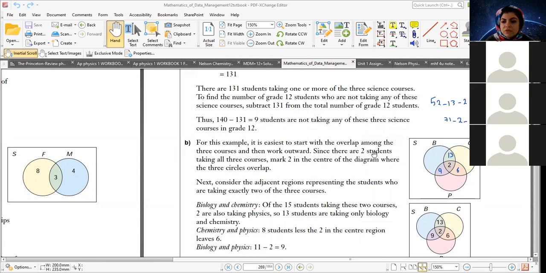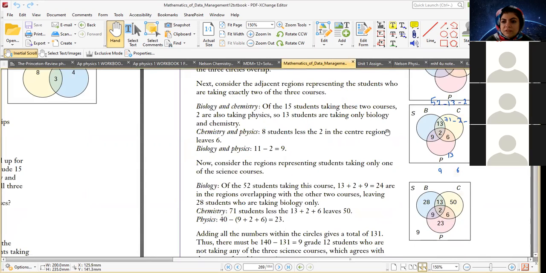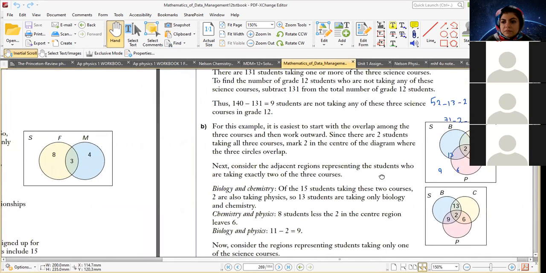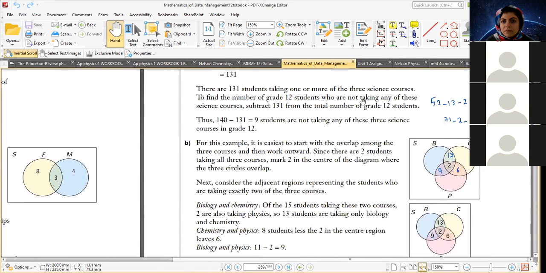Okay. If you do that, you get 50 here. So here is 28. See, so I just put that there. Here is 28. Here is 50.